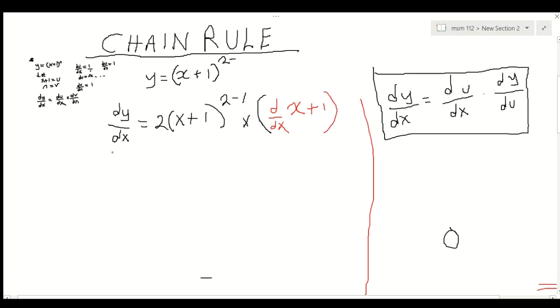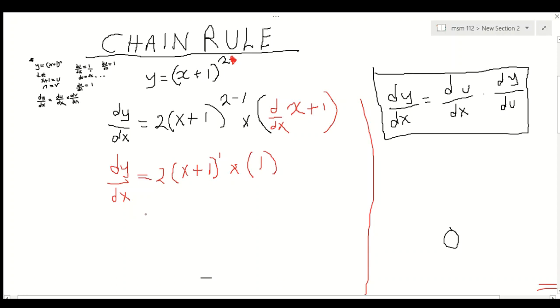So this is how you can do it, meaning our dy dx is equal to 2 in the brackets there, x plus 1 to the power 2 minus 1. I meant to subtract by 1. Some people can be asking, how about that minus sign over there? So 2 minus 1 is just 1. Then multiplied by the derivative of this, which is 1, because the derivative of x is 1 and the derivative of 1 is 0.